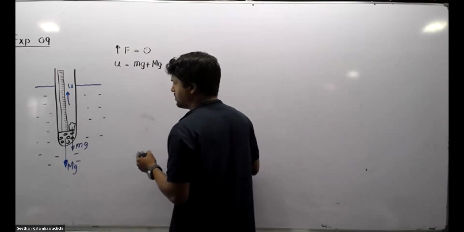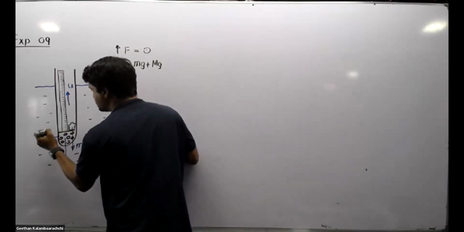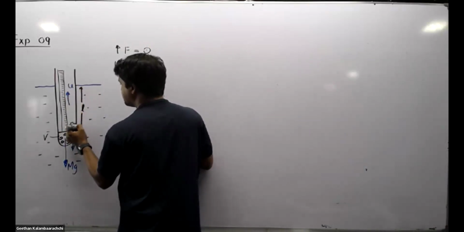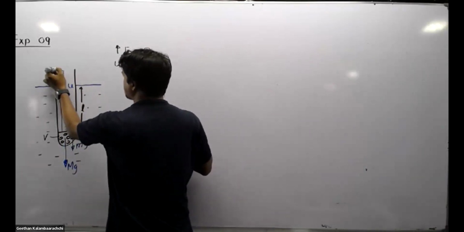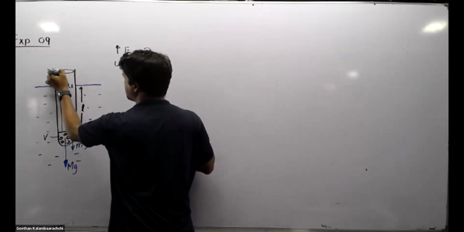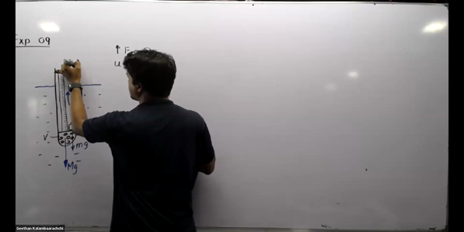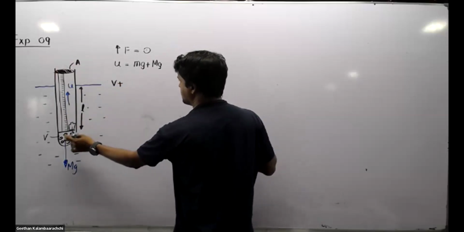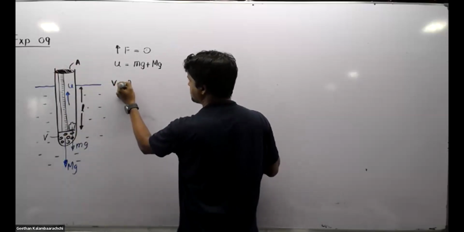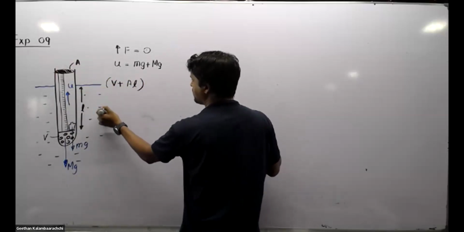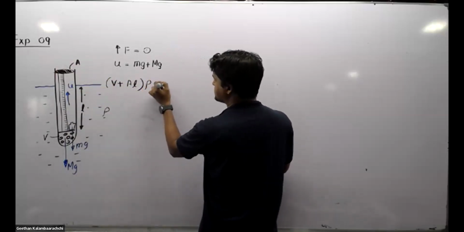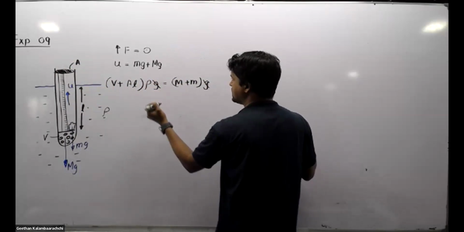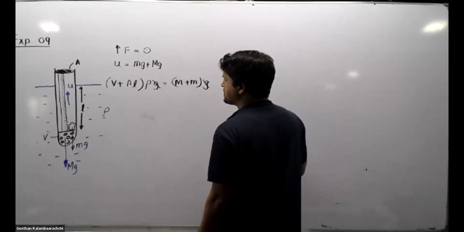The upthrust is based on the volume of this part, which you take as V, and the length submerged in the liquid, which you take as L. Also the cross-section area is A. So you can say (V plus AL), that's the submerged volume, times the density of the liquid rho times g is equal to (M plus m) g. So g is cancelling.